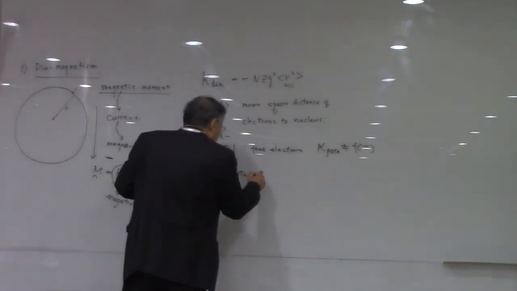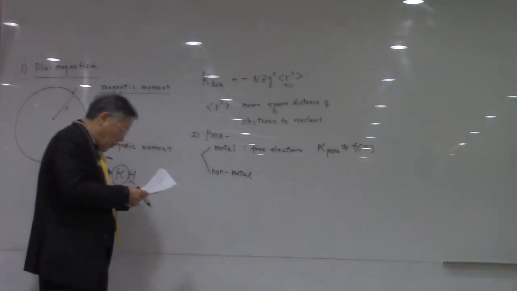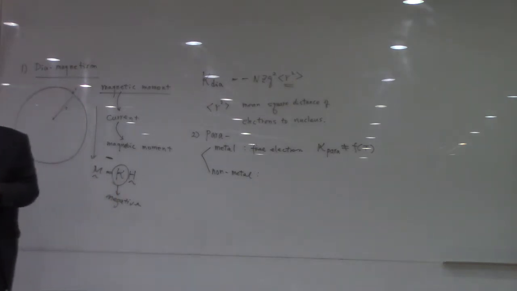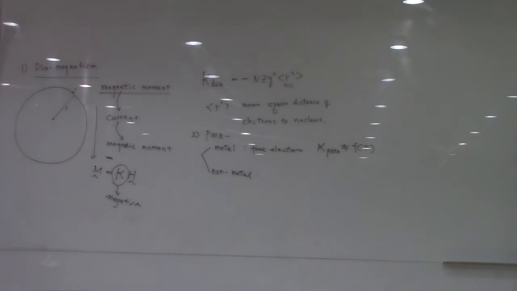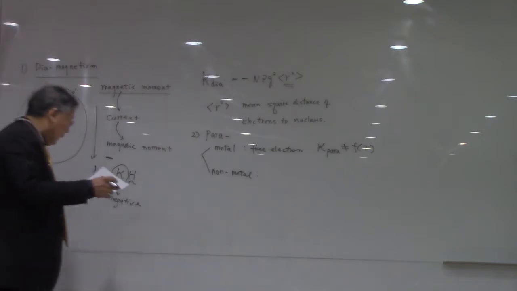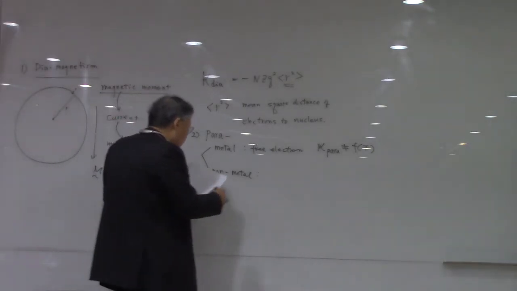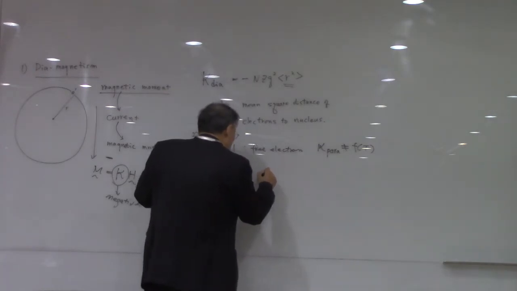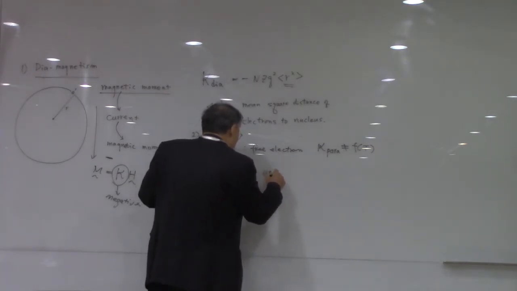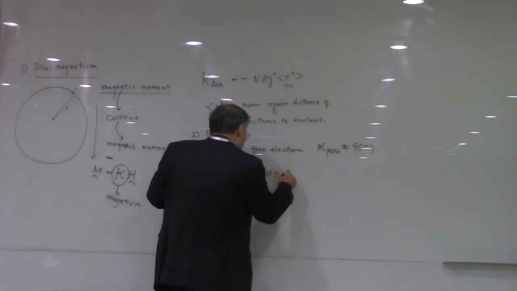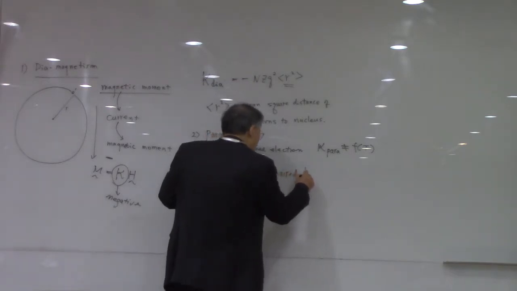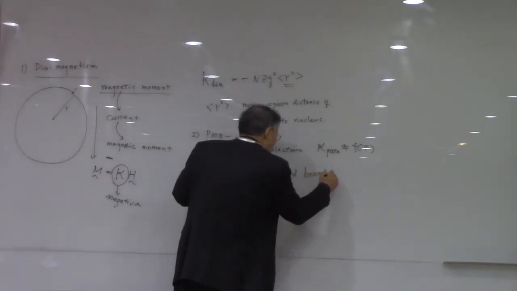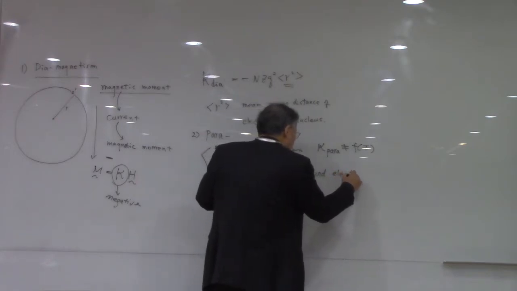But in the non-metal case, all you have to do is find the number of spins in a system. And we have to talk about the unpaired bound electrons in this case.